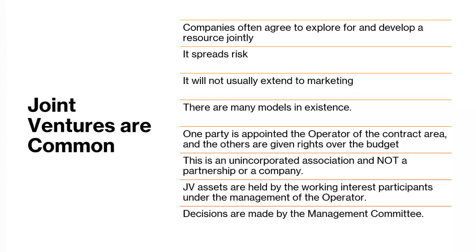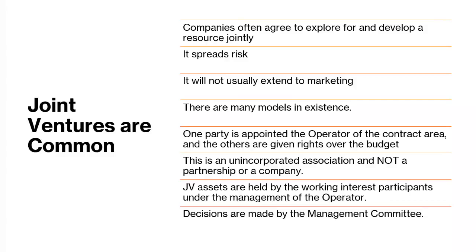So one party in the joint venture is appointed as what they call operator. The others may contribute not technical skills necessarily, but money. So they get voting rights through something called an operating committee.